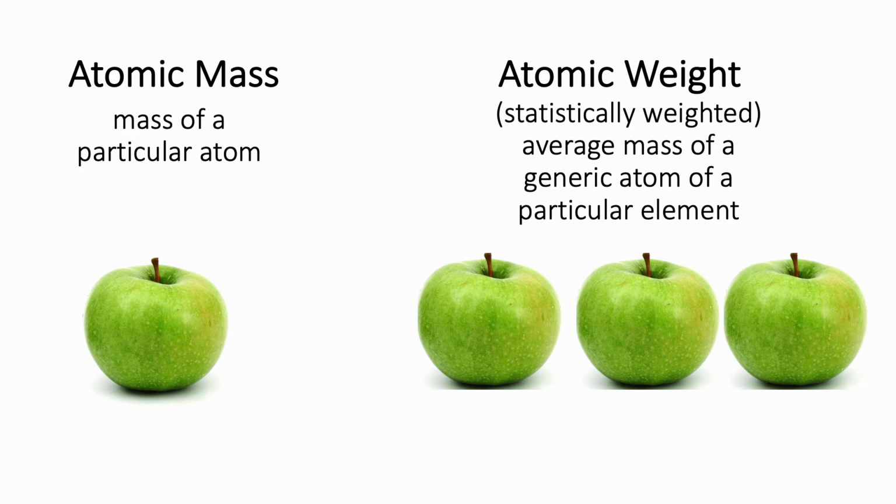So let's say we sort them into size groups, which actually does happen in the supermarket, which is why you can get the really small apples for cheap and then the larger apples are more expensive. But you could say, okay, 10% of apples weigh under 100 grams. 25% of apples weigh between 100 and 150 grams, and so on and so forth. And from this distribution of masses, you can figure out what your average mass is going to be.